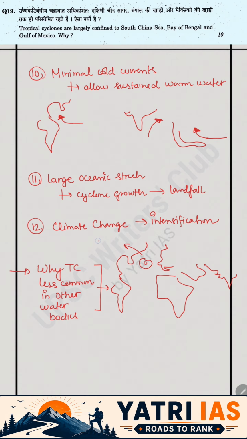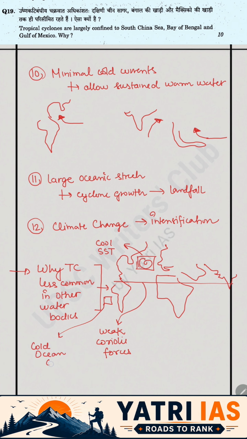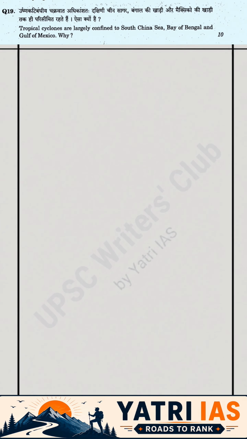Because of cool sea surface temperature. It is less common near the equator because of weak Coriolis force. It is less frequent in this region because of cold ocean current. So like this, you could mention that due to these reasons, these tropical cyclones are not taking place in these water bodies.